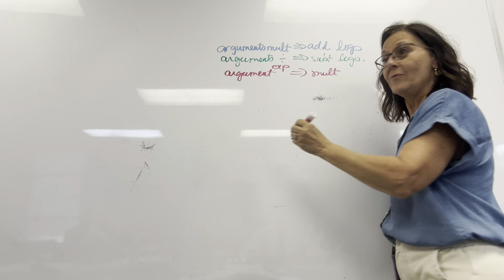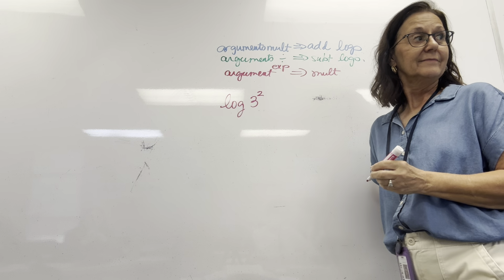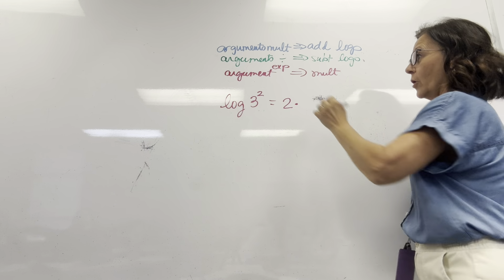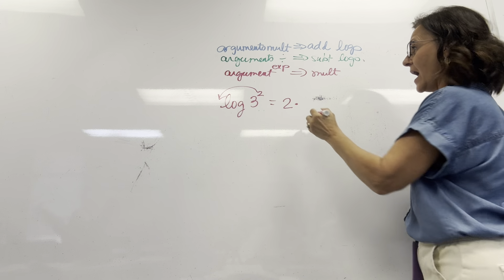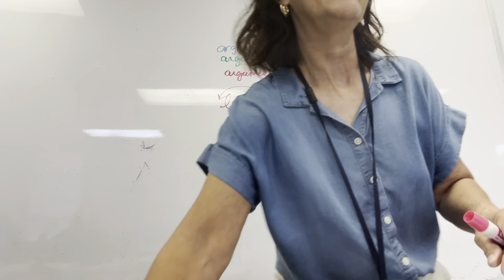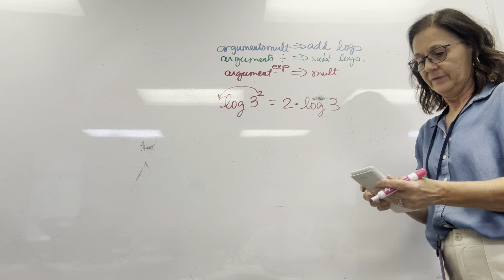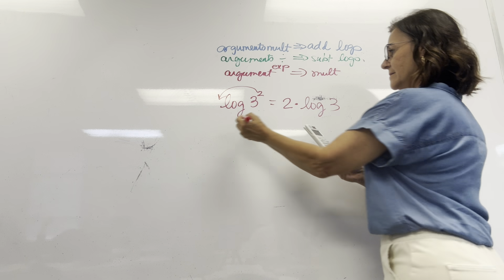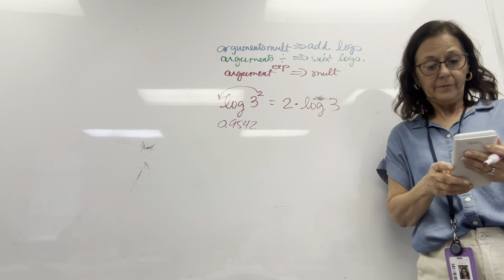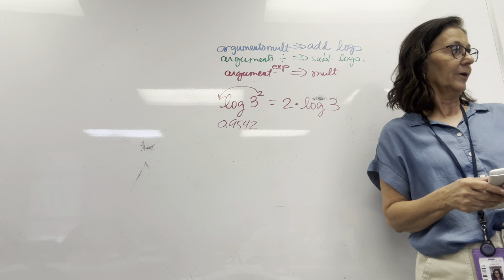All right, so the log of 3 squared equals the log, we're going to multiply 2 times the log of 3. So if you do the log of 3 squared in your calculator, you get 0.9542. And if you do 2 times the log of 3, you get 0.9542.